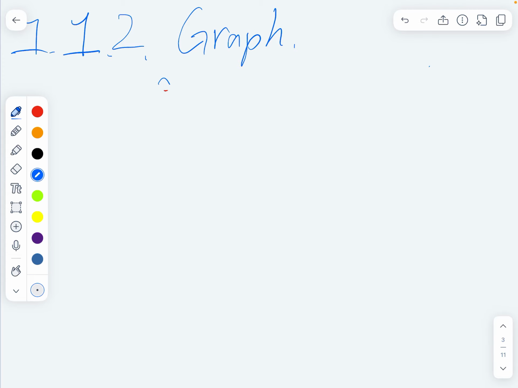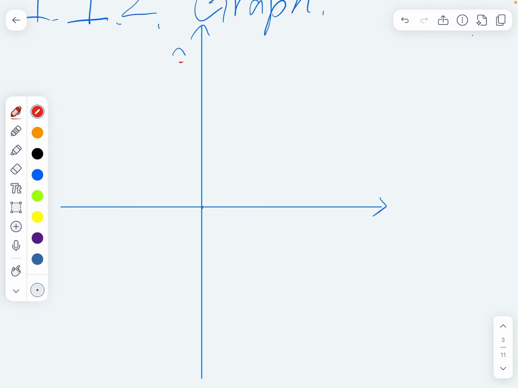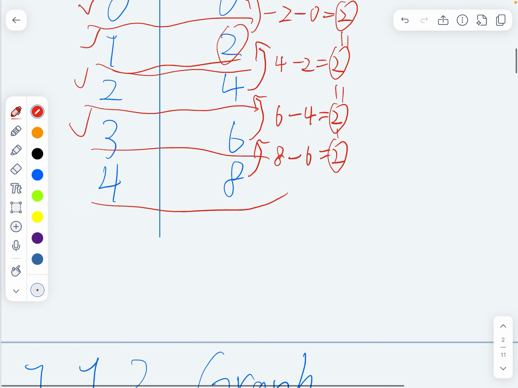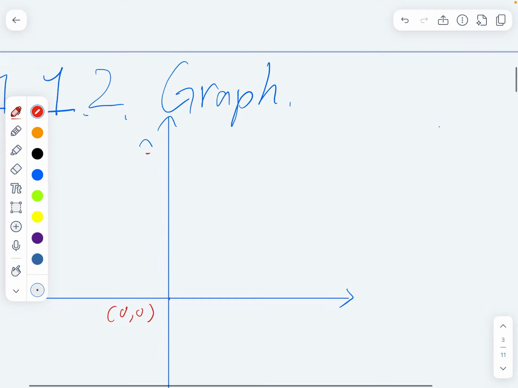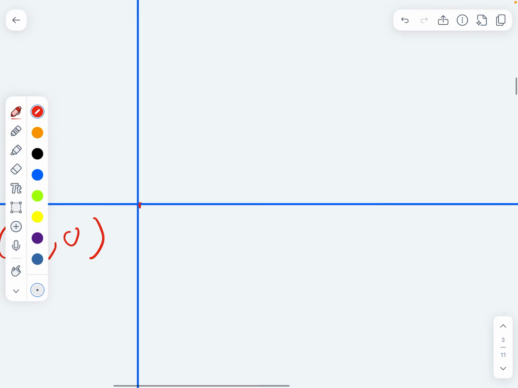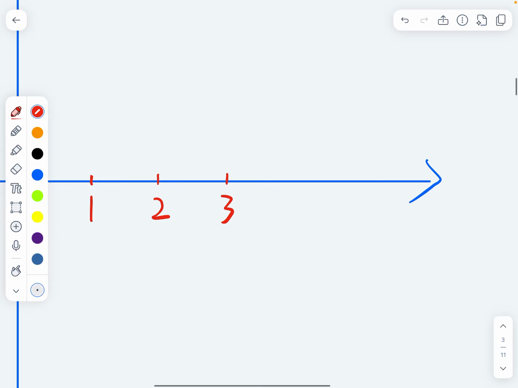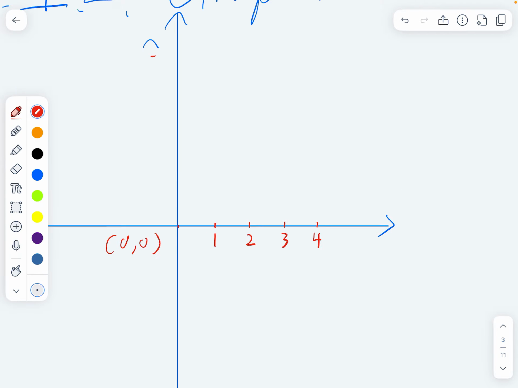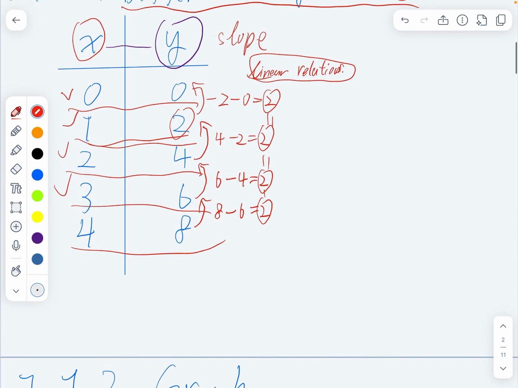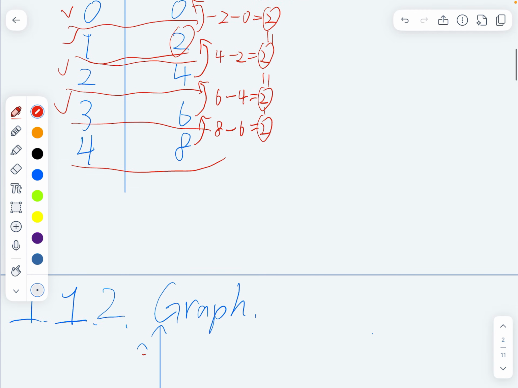This time we can draw a bigger one, right? This one is 0, 0, and the second one is 1, 2. I'll draw the smaller one, right? 2, 3, 4. Next, the y values: 2, 4, 6, 8.